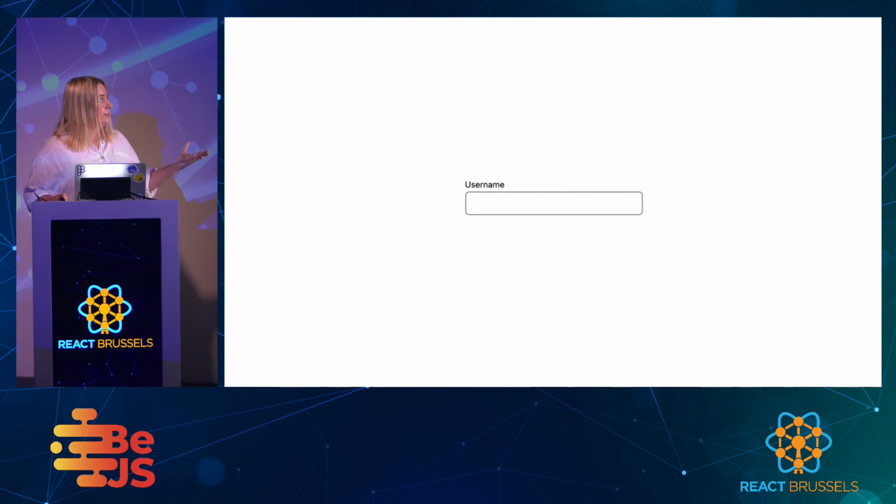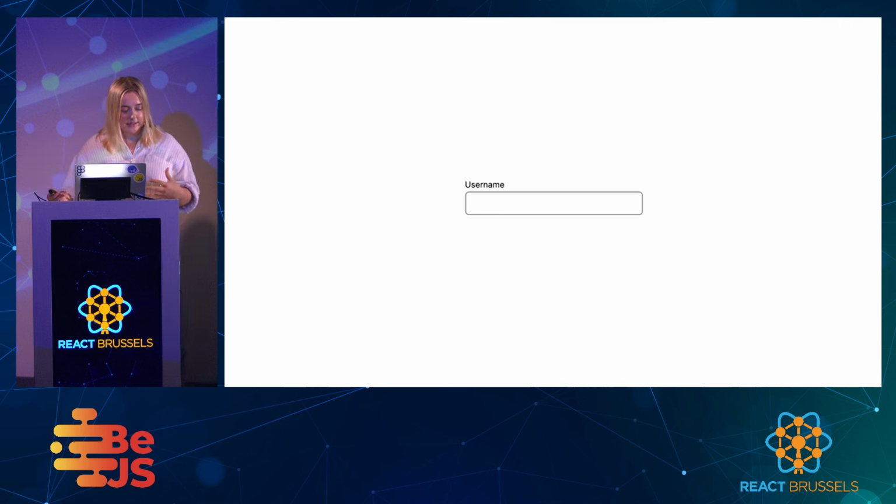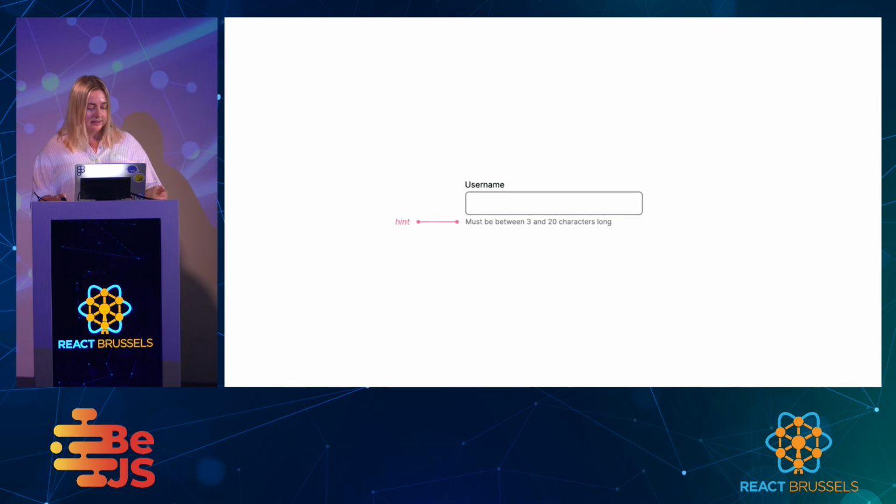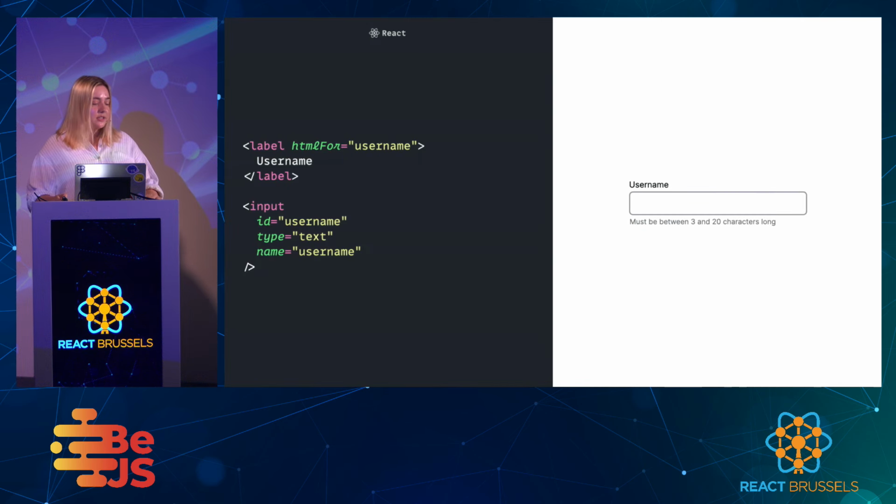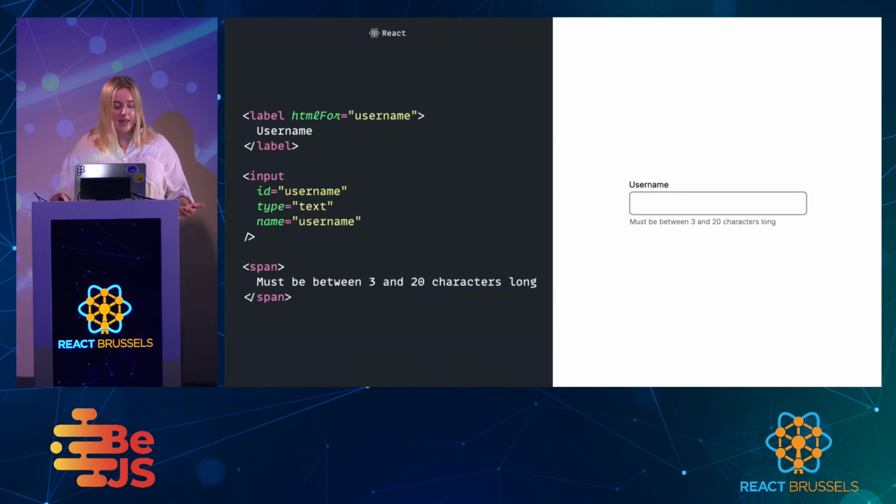And generally, with labels, we want to keep them clear and concise. But sometimes we need to provide some additional information to the users, different instructions or hints like this. To implement this, we can just place the text underneath the input and style it accordingly. But again, because it is not connected to the input, it might be overlooked by the screen readers.